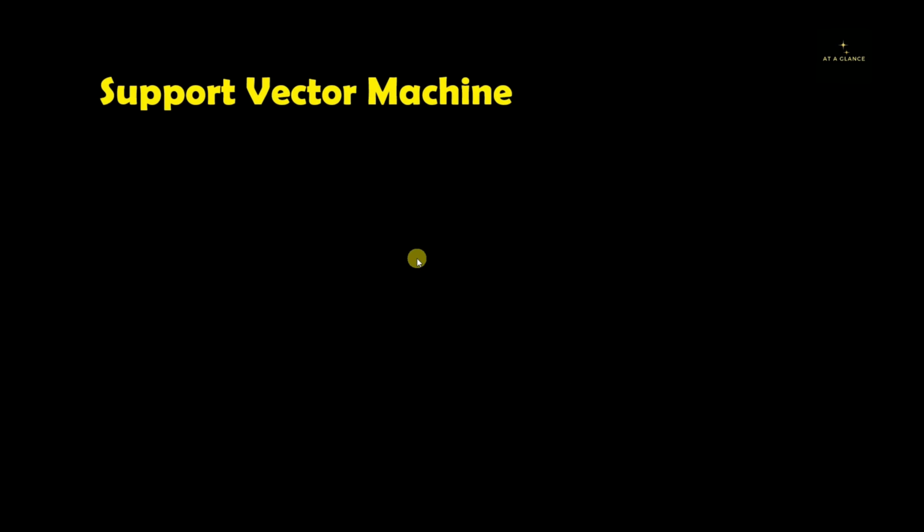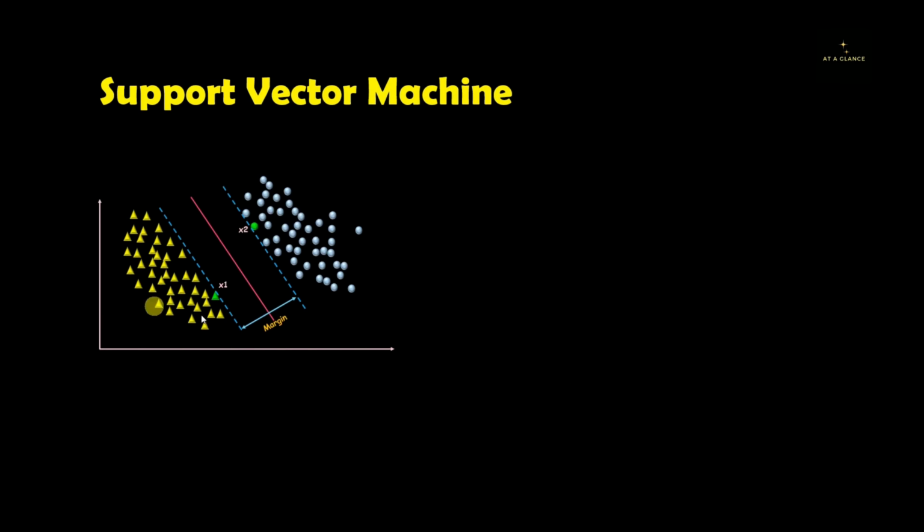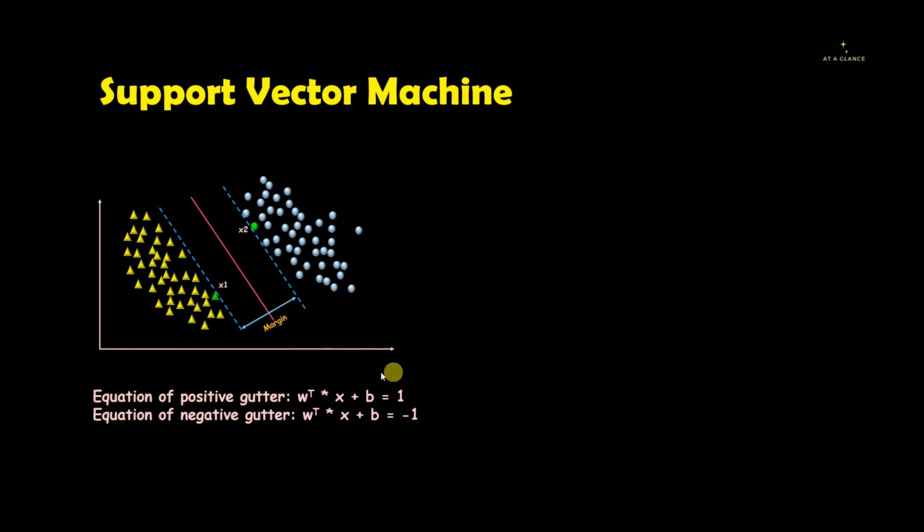The basic idea is to find the perpendicular distance between both the gutters. We have these points x1 and x2. We also have the equation of the positive gutter, W transpose multiplied by x plus b equals 1, and for the negative gutter we have W transpose multiplied by x plus b equals minus 1 because it lies on the negative side. So I hope these two equations are clear.